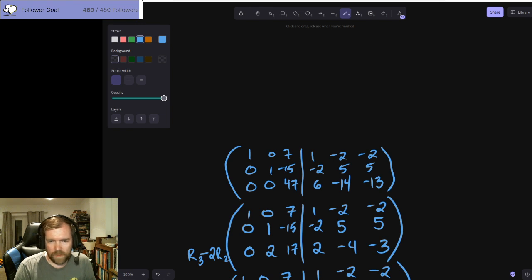Okay, so we're going to take 1/47 of row 3 and put it back into row 3. We're going to take row 2 and add 15/47 of row 3.